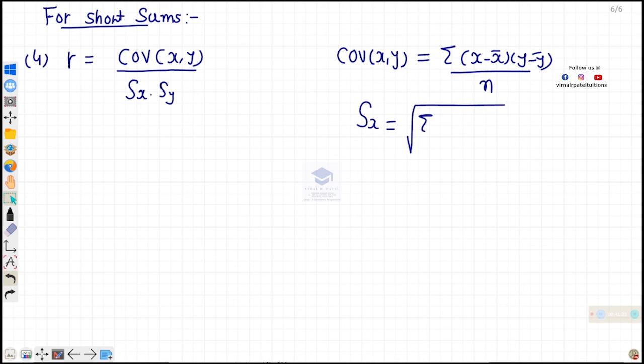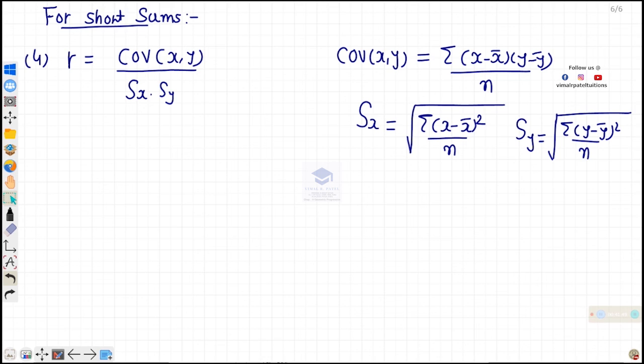For x, it is the square root of sigma x minus x bar whole square upon n. Same for y. Now you can see covariance of xy is equal to sigma x minus x bar into y minus y bar upon n.